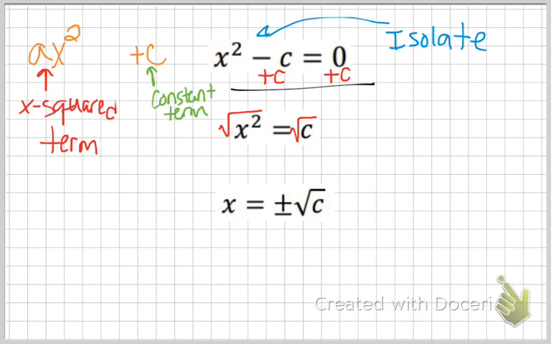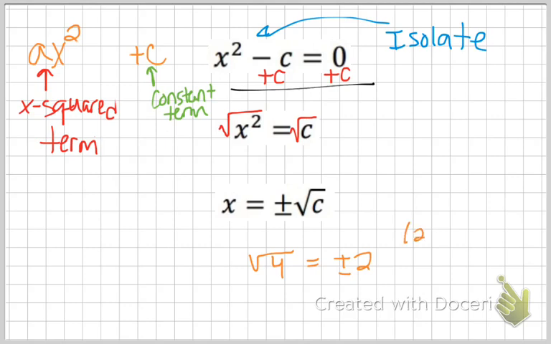Now when you square root a value, there is a positive or a negative version of it. This might seem a little confusing, but this is what it means. Let's say you had the square root of 4. Well, the square root of 4 could be a positive 2 and it could be a negative 2. You're probably thinking, how?